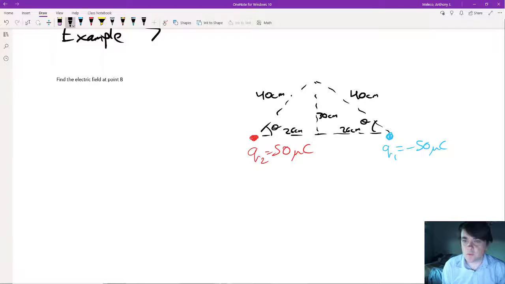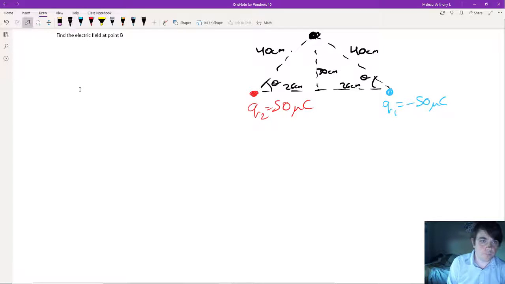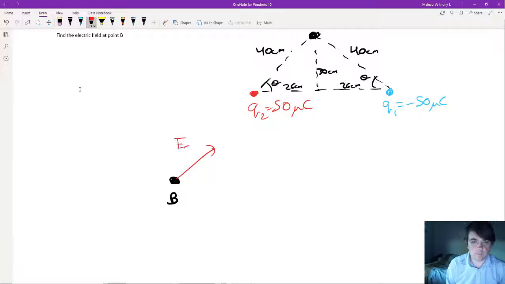But let's look at this. Oh, and here's point B. This is B. Okay. So at point B, let's look at what's going on. We've got this guy who's producing an electric field that points this way.